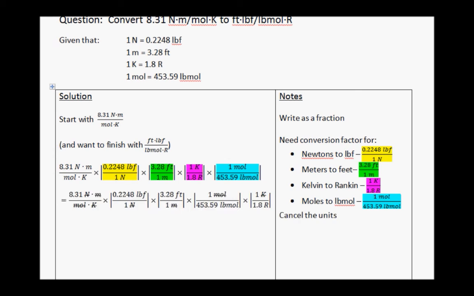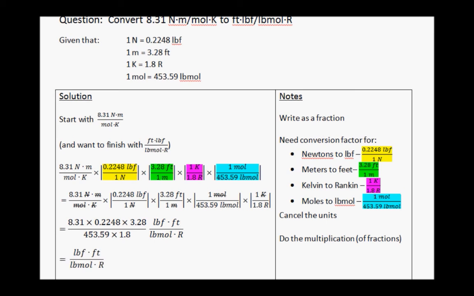Now that I'm confident that I'm going to end up with all the right units for the answer, I'll put down the units for the answer first. And now all that's left is to do the multiplications with the numbers. After working through the multiplication of the fractions, we end up with 8.31 times 0.2248 times 3.28 on the top, and 453.59 times 1.8 on the bottom.